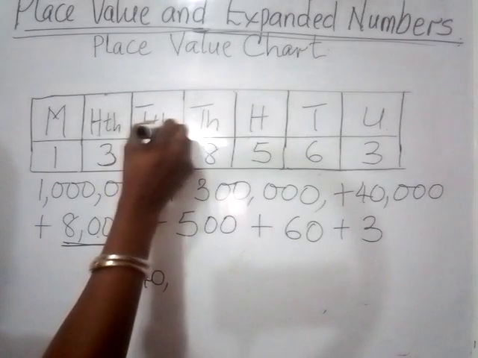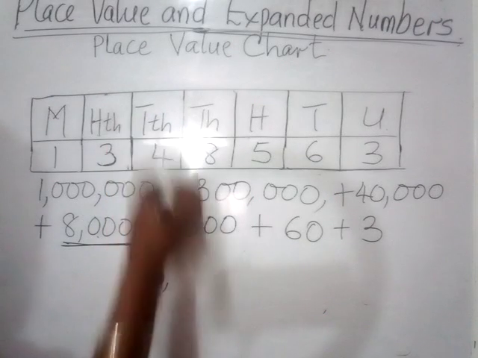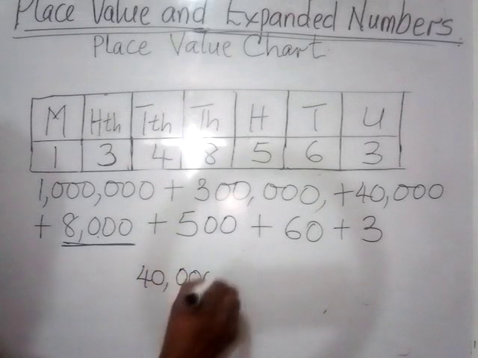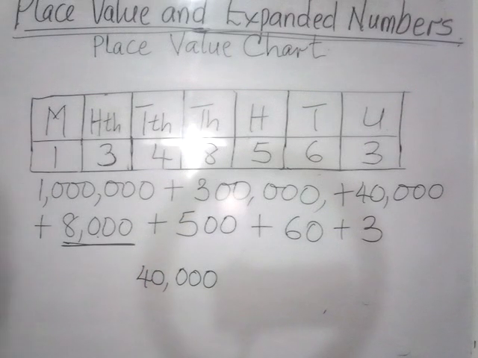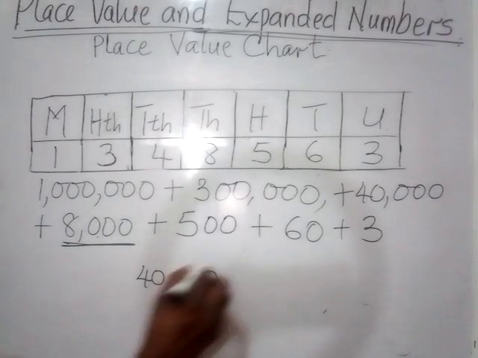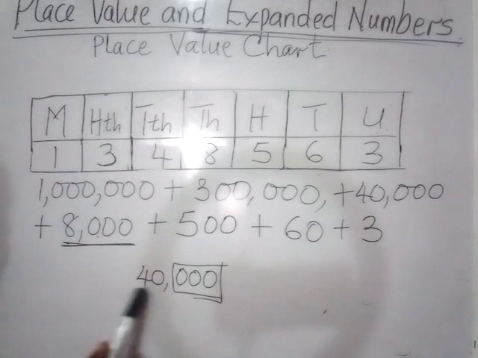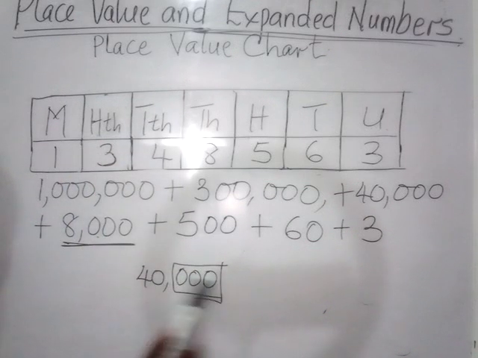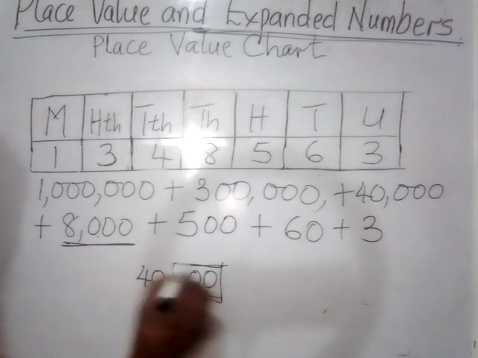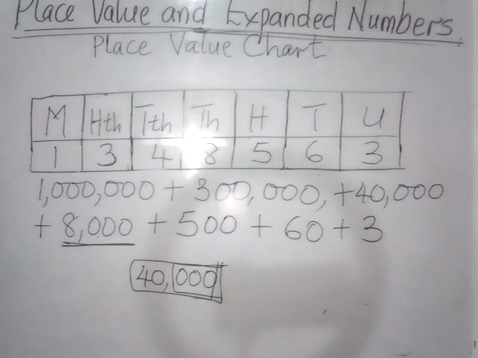And in addition to that, because it's in the position of thousands, it will also have 3 zeros added to it, because 3 zeros is always what makes a number to be placed in the family of thousands. Whenever it is thousands, there must be 3 zeros after that number. So the 4 tens indicates it is 40, and then the 1,000 is for the 3 zeros. So the value of this number is 40,000.